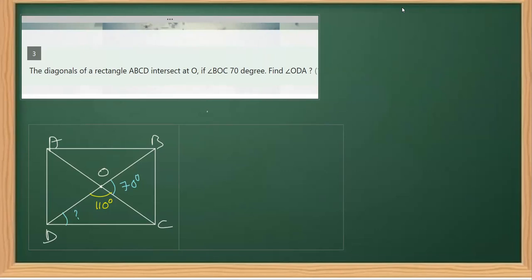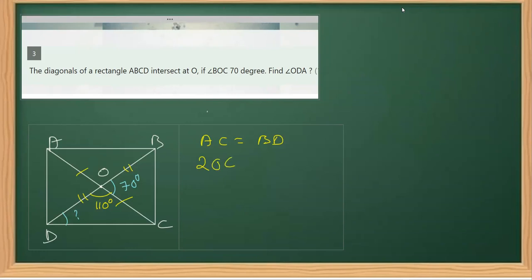Now, after that, we are going to use the property of a rectangle that their diagonals are equal. That means we can say AC is equal to BD. As you know, diagonals of rectangle are equal. Now, moreover, since they also bisect each other, that means O being the midpoint of AC and O being the midpoint of BD as well, I can replace AC with twice OC.